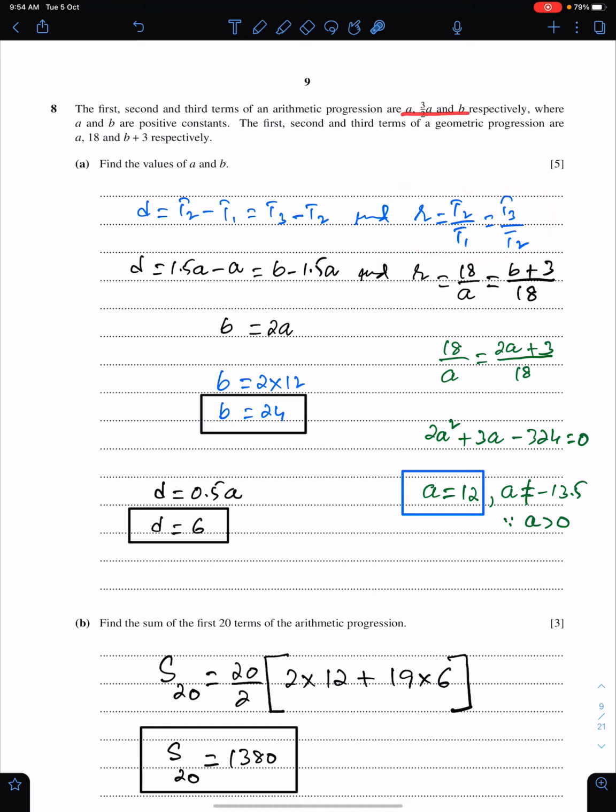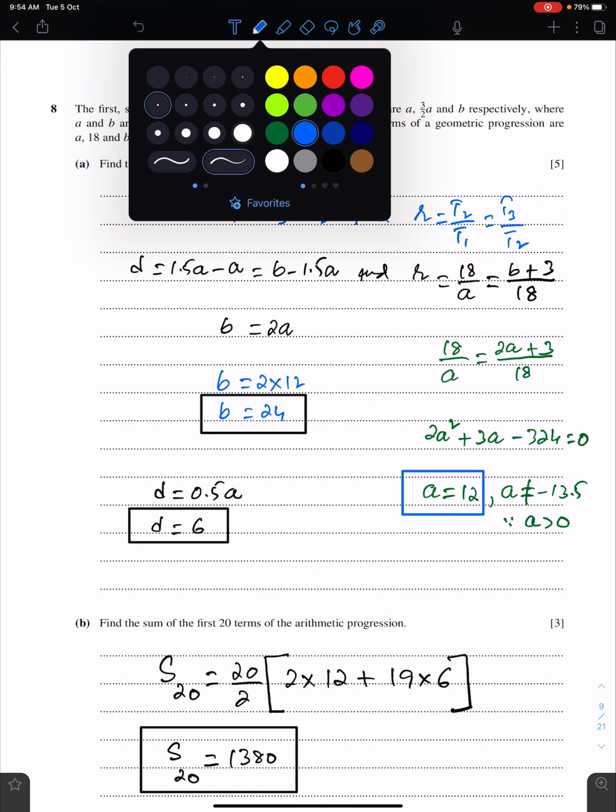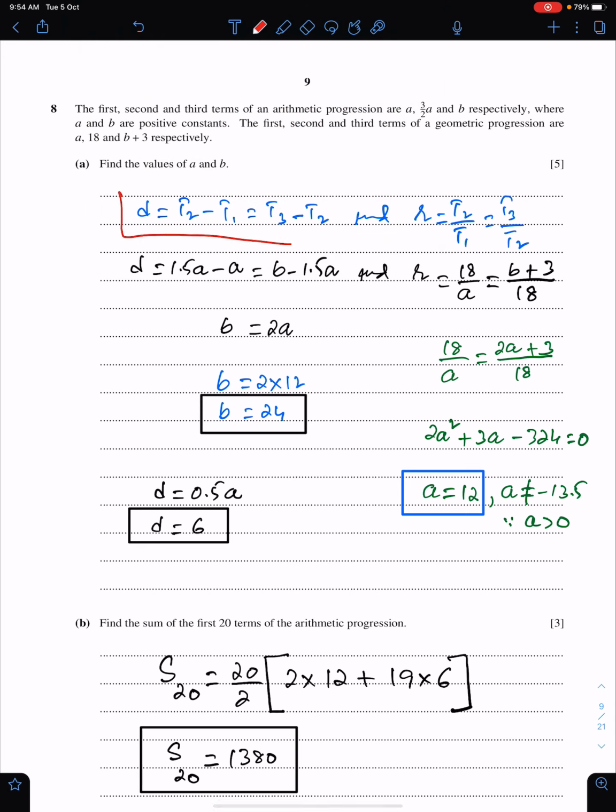It says a and b are positive constants. The first, second and third terms of a GP are given. For 3 consecutive terms of a GP, always use this formula, and for 3 consecutive terms of an AP, always use this formula. These formulas are very important and make the calculations very simple.